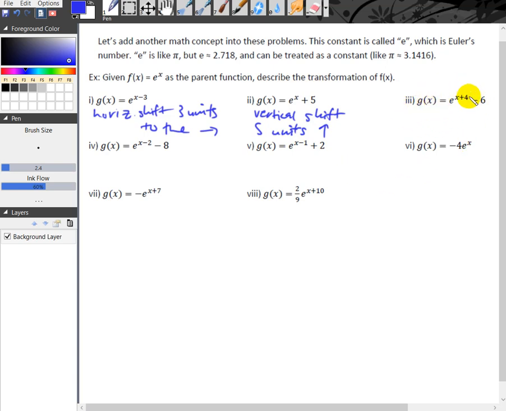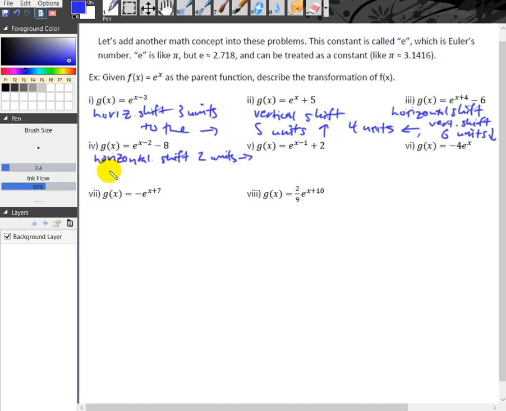As you can see, this +4 and the -6 would represent a horizontal shift 4 units to the left, and the 6 represents a vertical shift 6 units down.